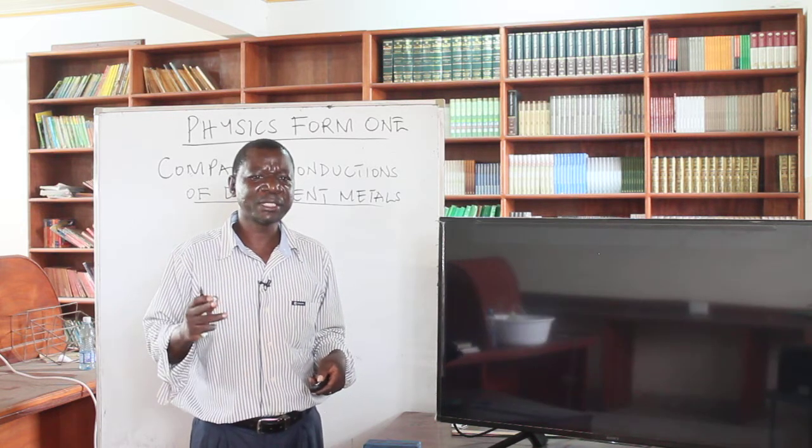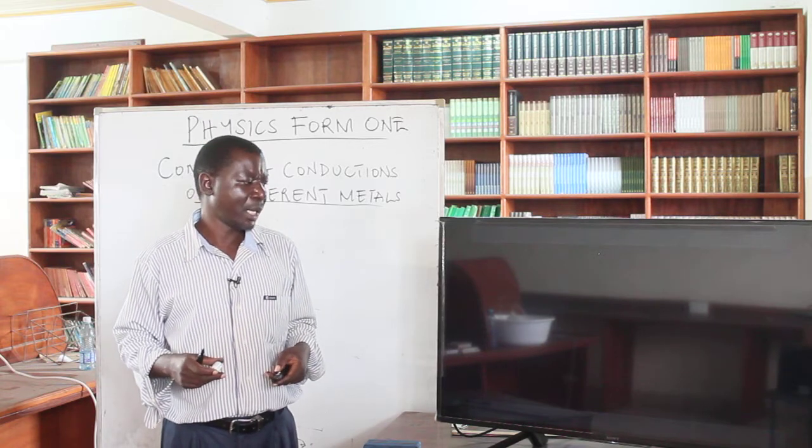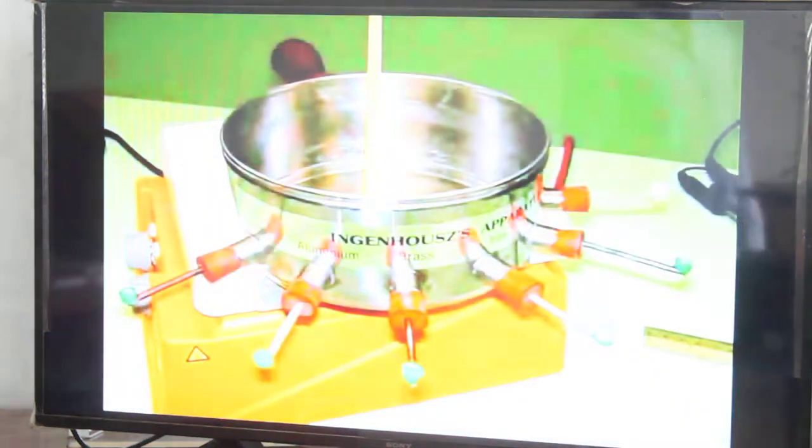We are going to look at this video and see the results, because we cannot do that experiment as it takes longer, but we can have it here in our video and see exactly what is going to happen.